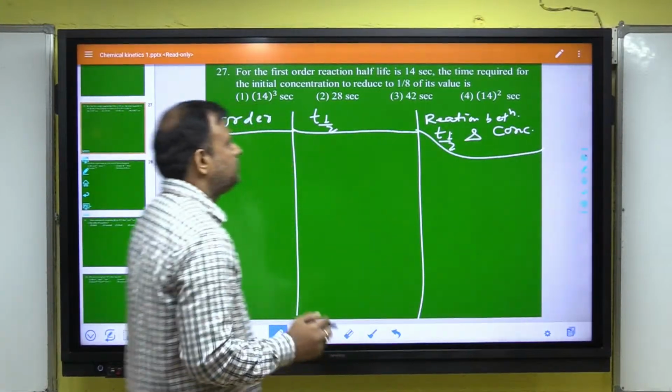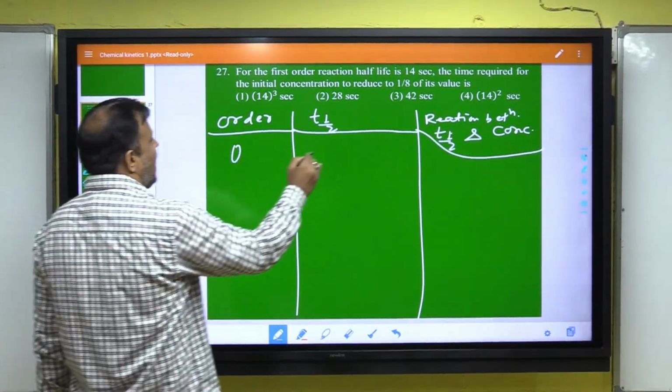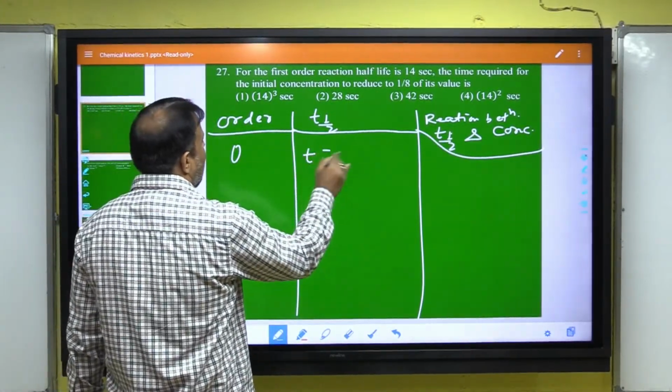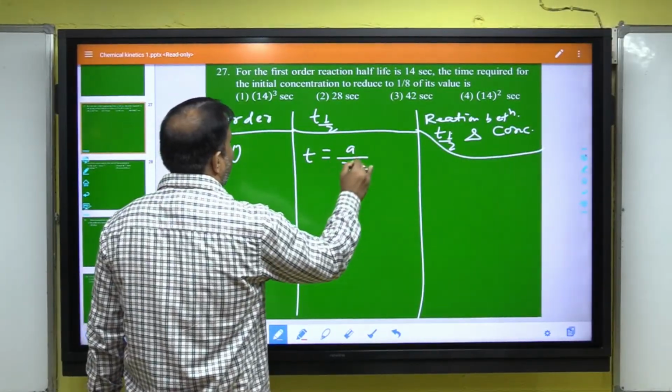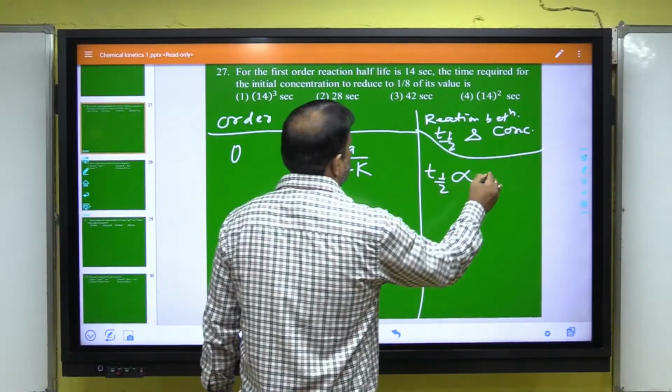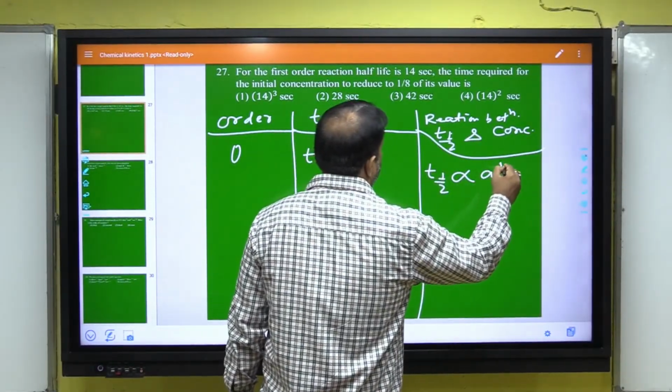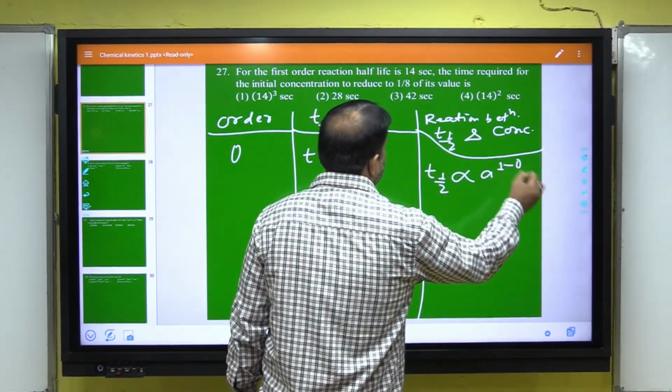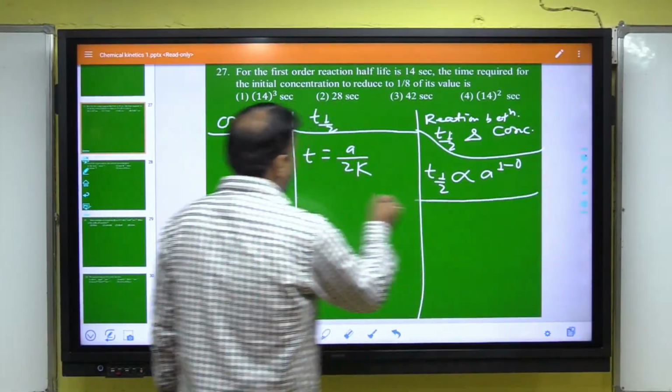Zero order, half life T half is equal to A by 2K, and hence T half is proportional to A to the power 1 minus 0. That means A to the power 1.